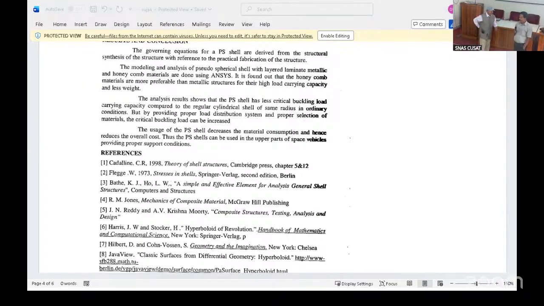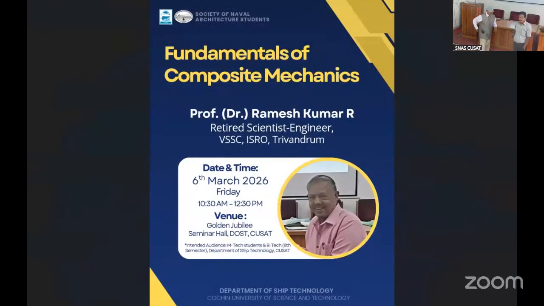So it is a pleasure for me to be here with Dr. Professor Ramesh Kumar R. And he has spoken about the composite mechanics. This topic is very relevant as far as the structural parts are concerned, as far as the department is also concerned.